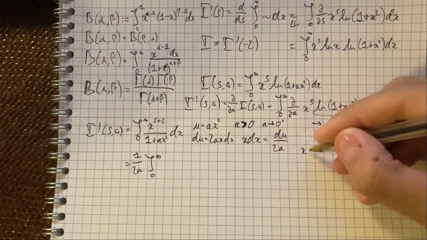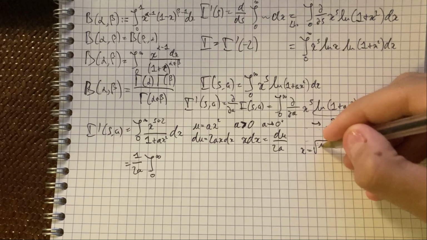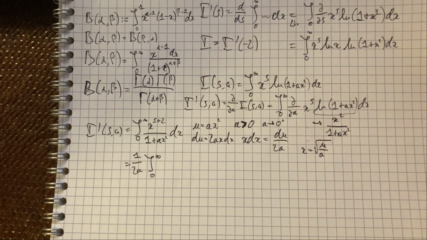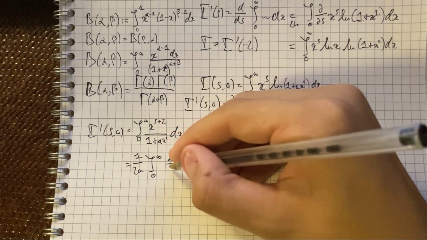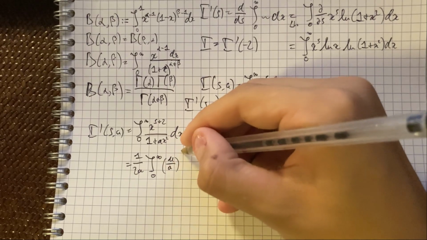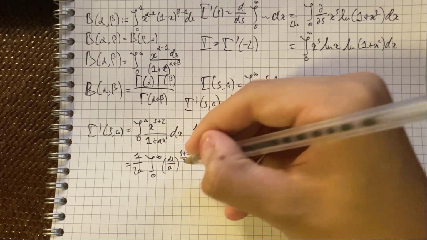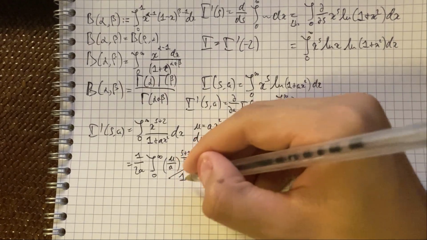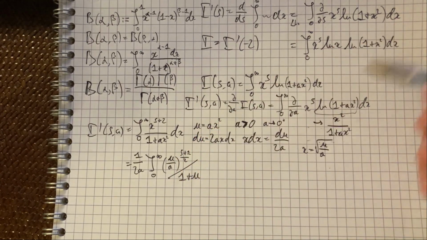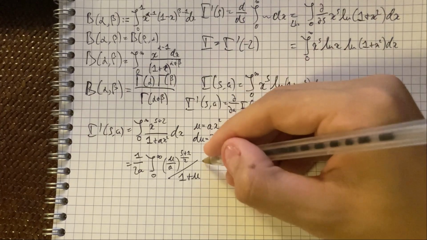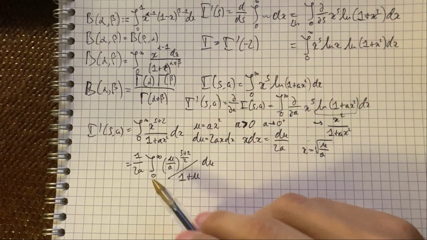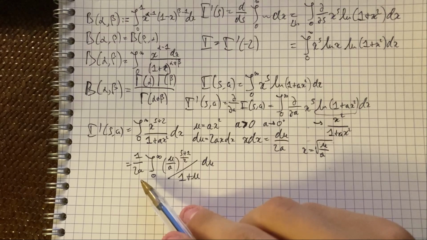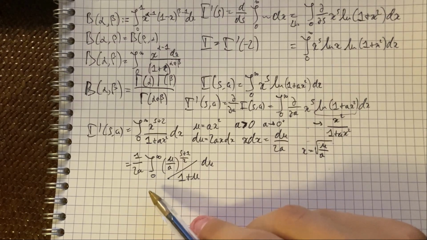Here x equals the square root of u over a, so we have u over a to the s plus 1 over 2 power, all divided by 1 plus u, and we have the du right here, because 1 over 2a is already outside of the integral.